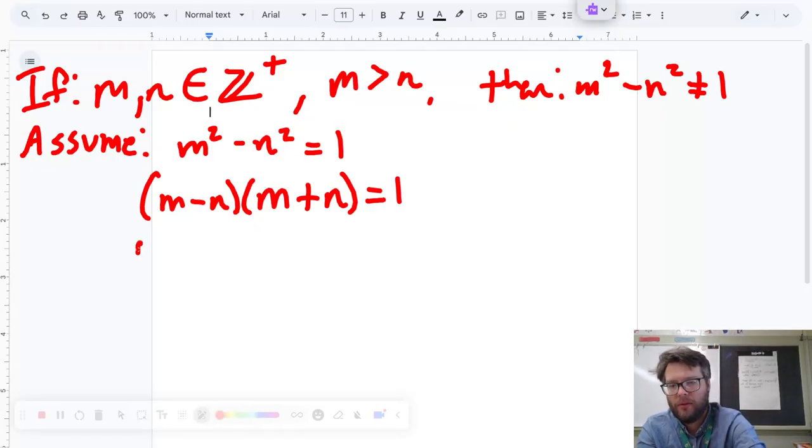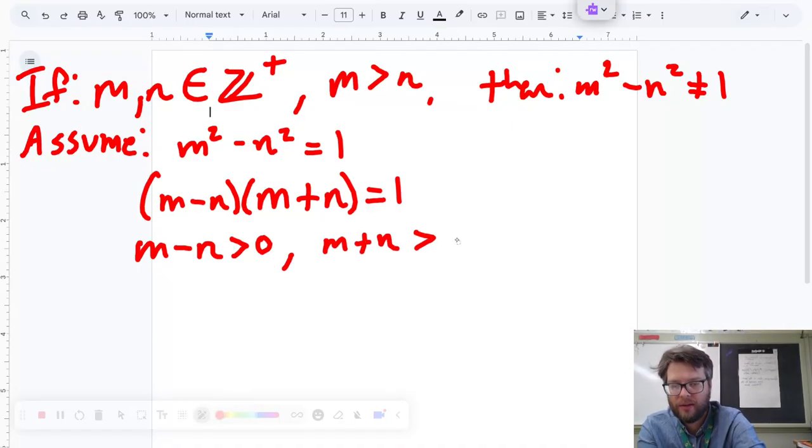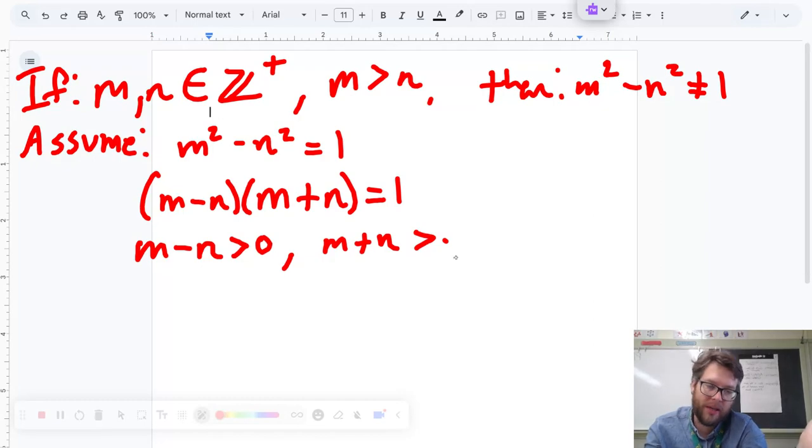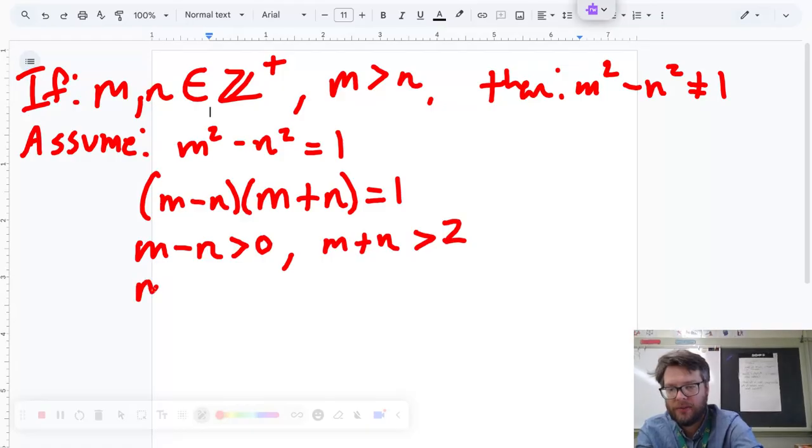So we know that m minus n is greater than 0. We know that m plus n is greater than, really, it's greater than 2 because they're positive integers. And same idea, m minus n being greater than 0 is the same as saying m minus n is greater than or equal to 1.